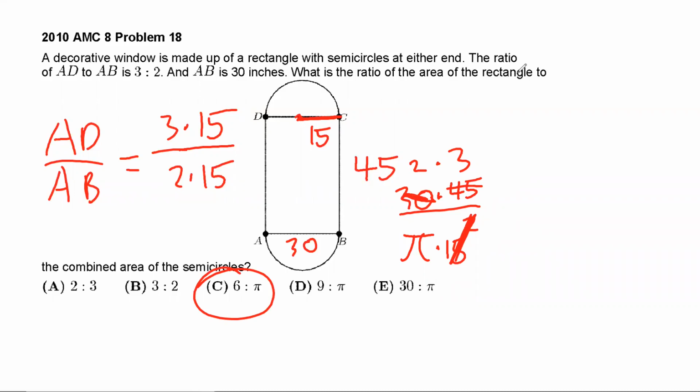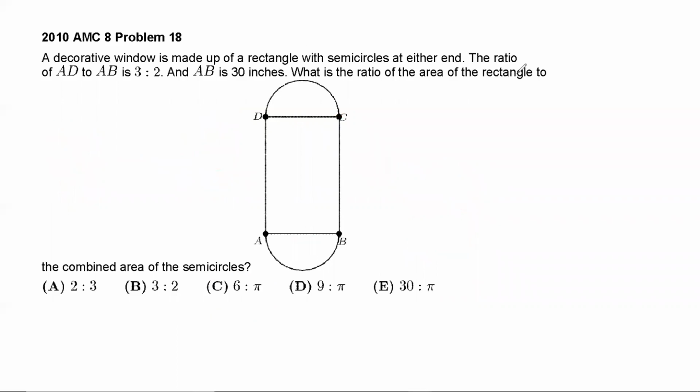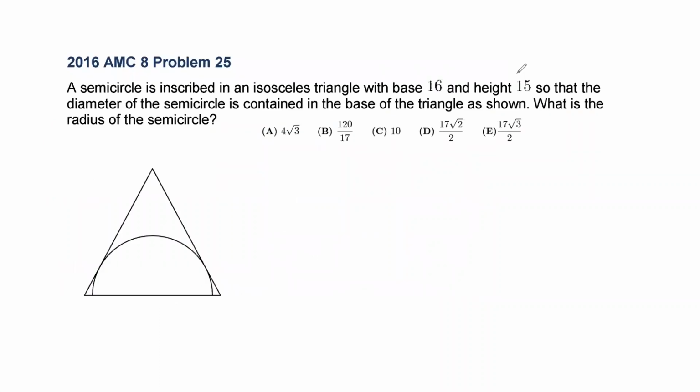So that was a pretty easy one. Let's just see if we can do one more question before time is up. A semicircle is inscribed in an isosceles triangle with base 16 and height 15, so that the diameter of the semicircle is contained in the base of the triangle as shown. What is the radius of the semicircle?